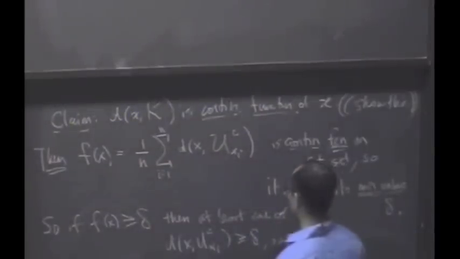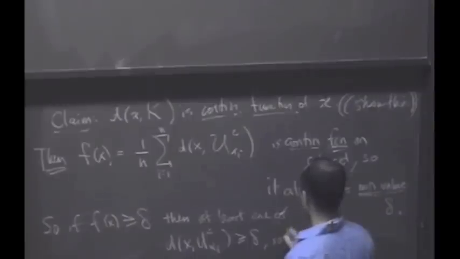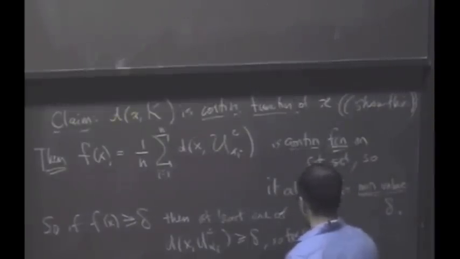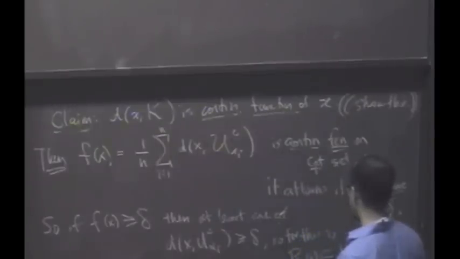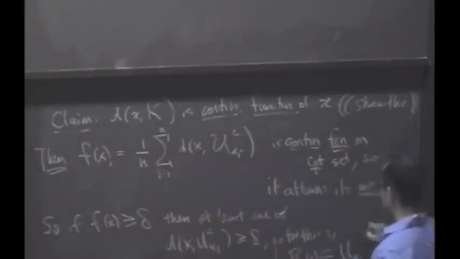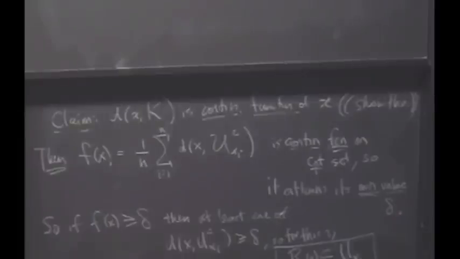And so for this i, the ball of radius delta around x lives completely in u alpha i. That's what that distance thing means. Yes? How does this show the delta is non-zero? Excellent. That's the one thing we have not actually said. Why is delta bigger than 0?